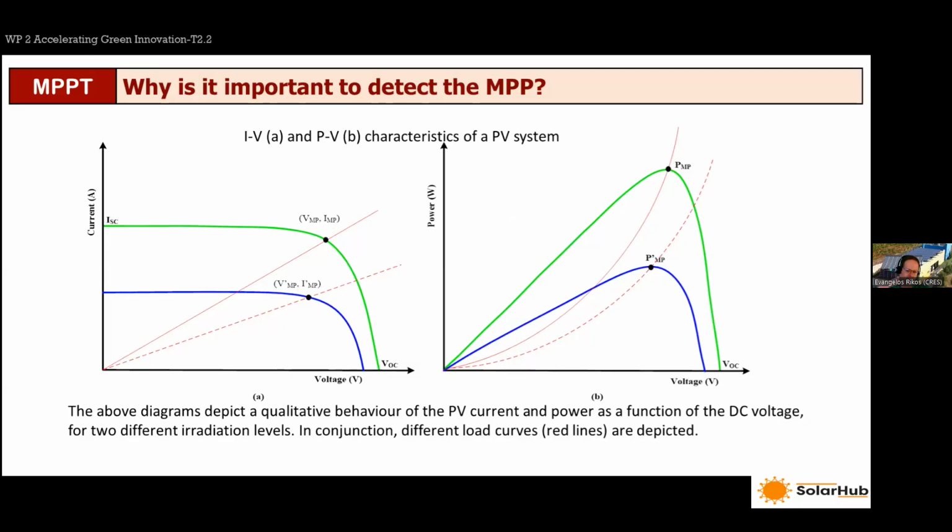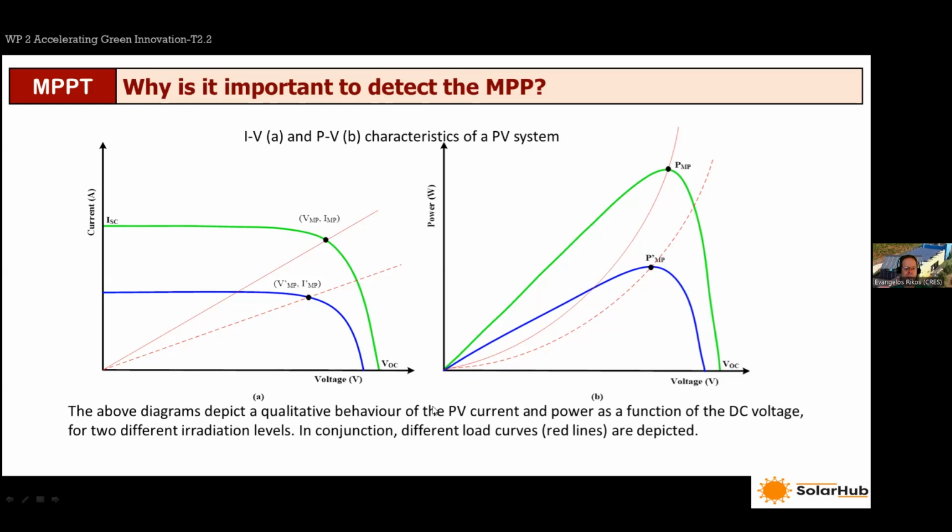It's not fixed for sure. It varies over time, all the time. And as a result, it's hard for us to find the maximum power that a module can produce at any specific moment.